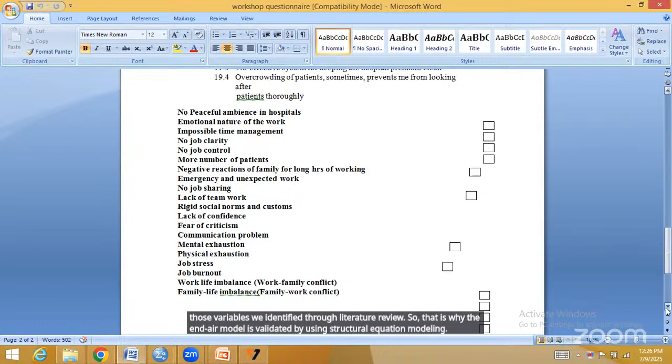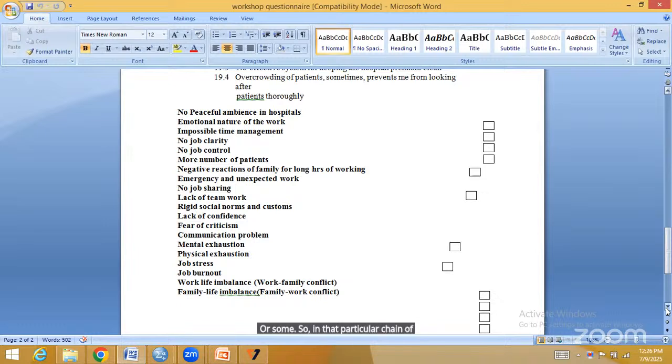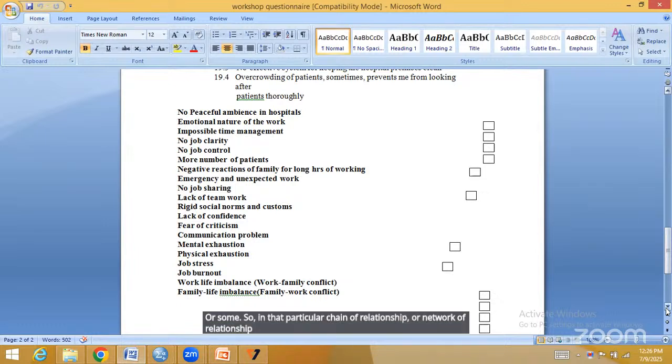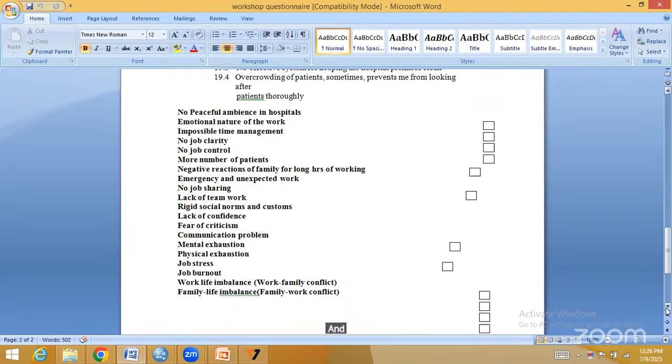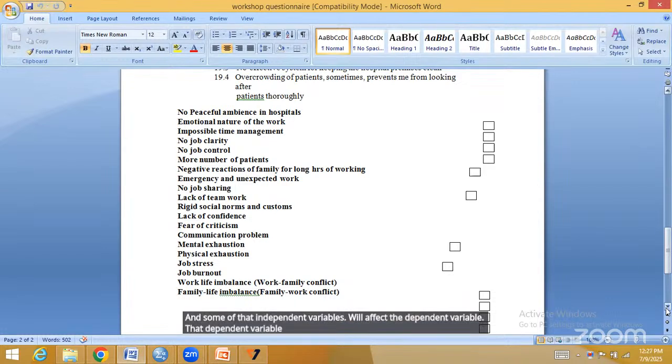In that particular chain or network of relationship in the model, there are some variables which are mediating variables or intervening variables, and some of the independent variables will affect the dependent variable. That dependent variable will become an independent variable for some other dependent variable. So that is a specific feature of a model you developed theoretically.